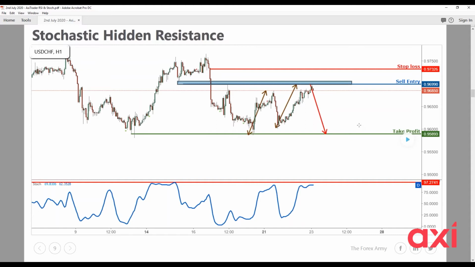Can anyone tell me what kind of resistance is this? Where is my sell entry place? Okay, we got guys saying it's range, we got guys saying it's a swing high resistance.